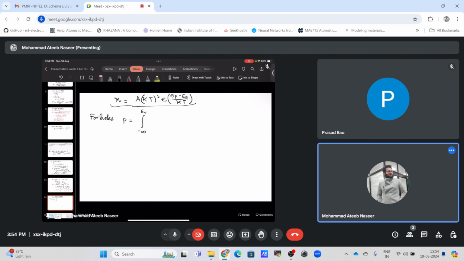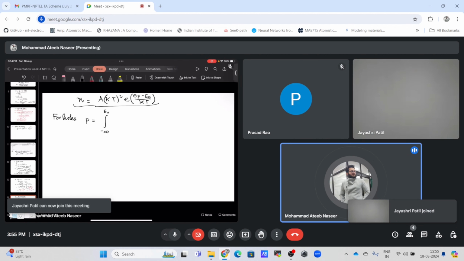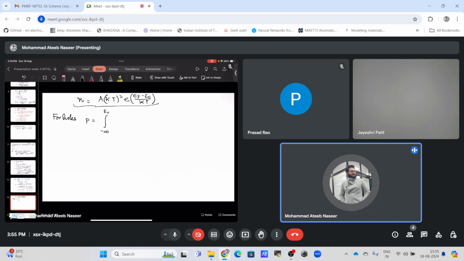Even if it is around EV minus 10 KT, this Boltzmann distribution will decay down, so it is immaterial whatever the lower limit of this integral is, because it is going to decay with the energy.